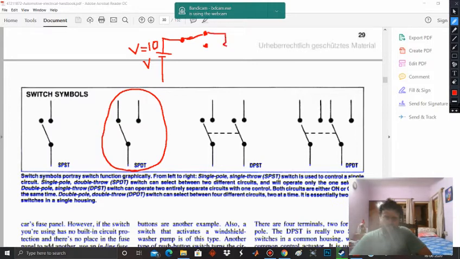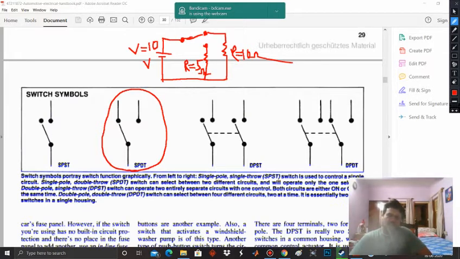Suppose two load resistances are connected at each of these points. Suppose this is R equal to 5 and here it is R equal to 10. The unit is ohm.